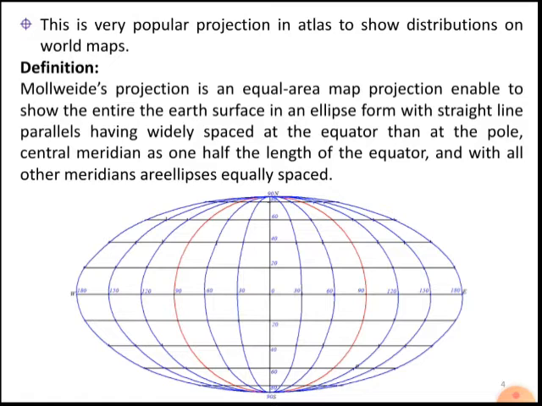Simply, if you look at this diagram, which I have already developed, the final output would be like this. You should be able to draw this shape of the projection at the end of this presentation.